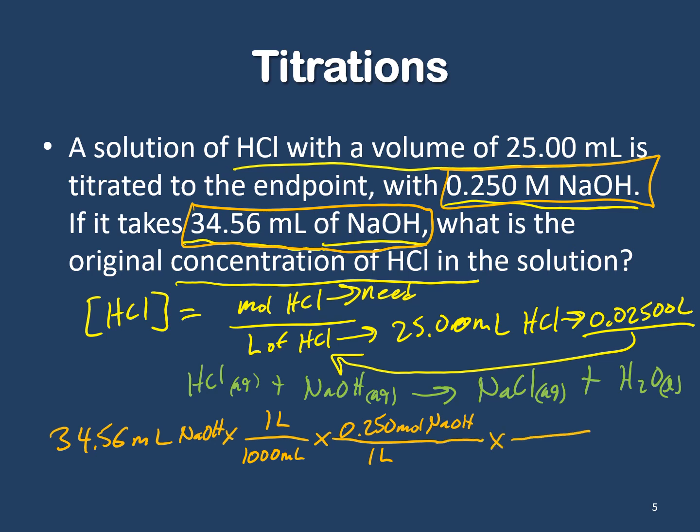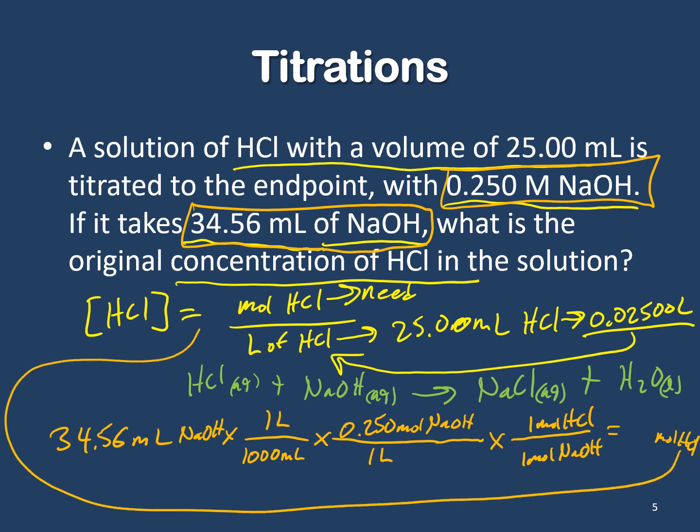Finally, we have 1 mole of NaOH reacts with 1 mole of HCl. At this point, we're going to stop because I need moles of HCl so I can take it and plug it into my equation up here, right? So let's do this calculation and get our value. We get that there are 0.00864 moles of HCl formed or reacted in this problem.